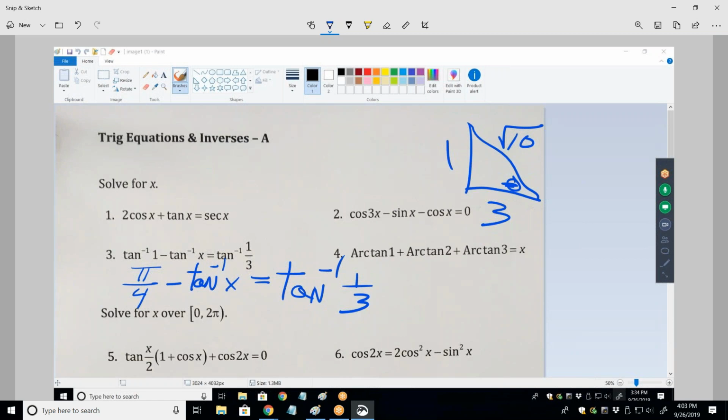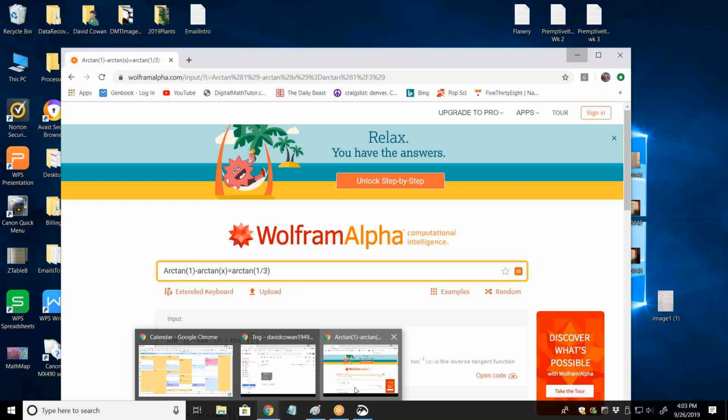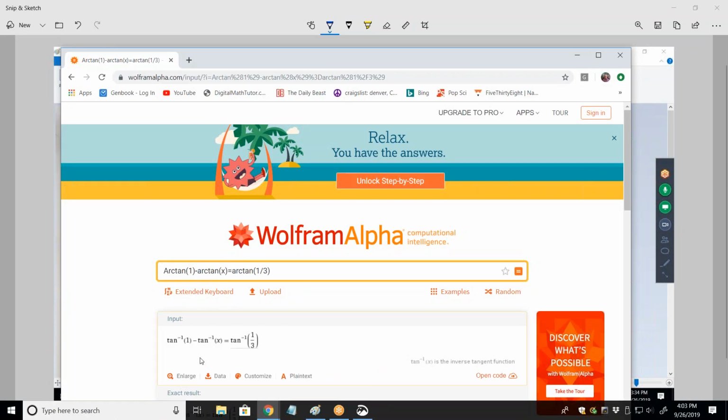Let's try the calculator. Well, hold on a second. I've already put this into Wolfram Alpha. I just wanted to do that before showing it to you. Okay, this is what Wolfram Alpha does. I got it written right, correct? Yes.